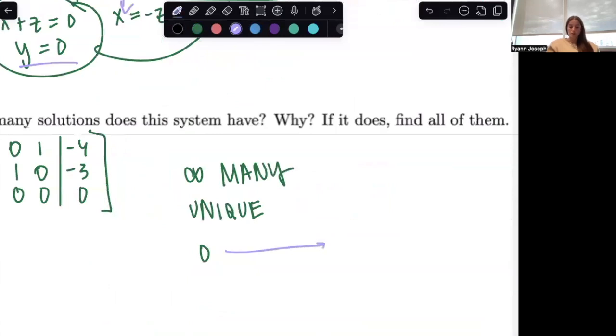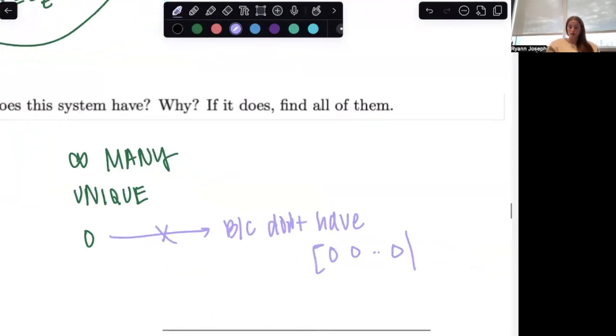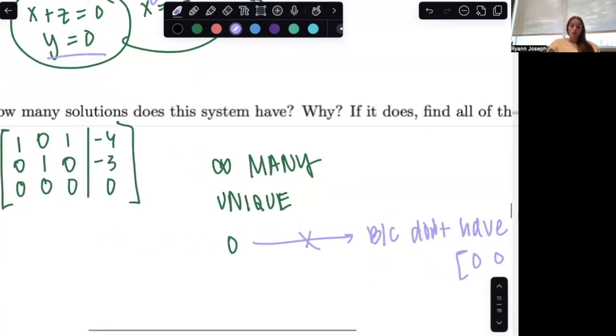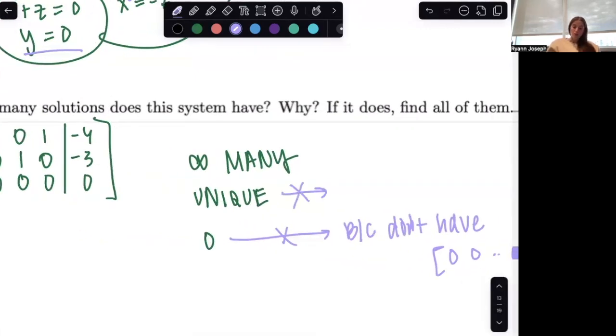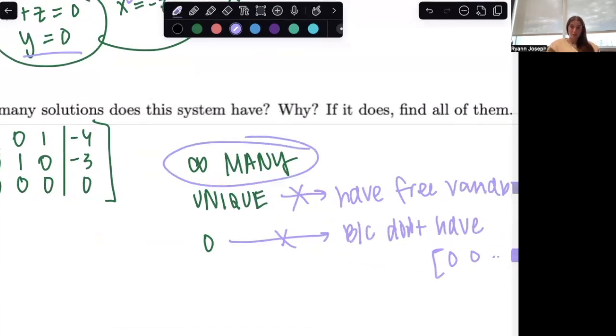We know it's not 0 because we don't have a 0, 0, 0 with a non-zero row. There's no row that's false, and we must have something like this for this to be 0 solutions. We know it's not unique because we have a free variable. Therefore, we have infinitely many solutions.